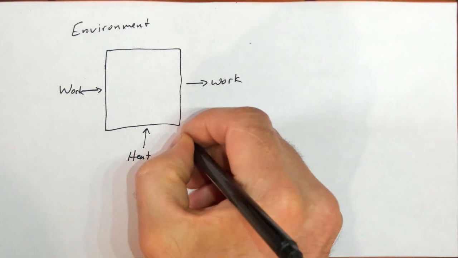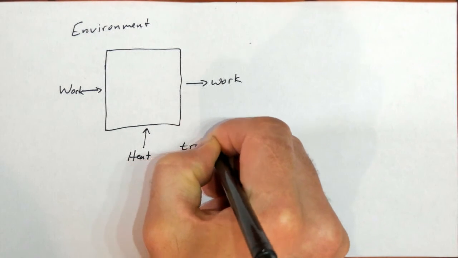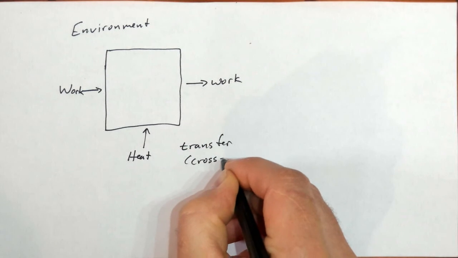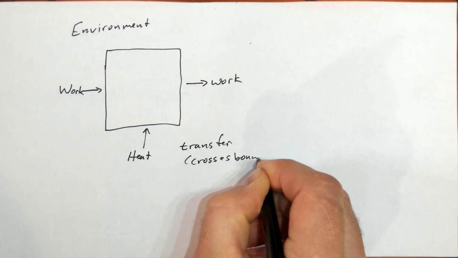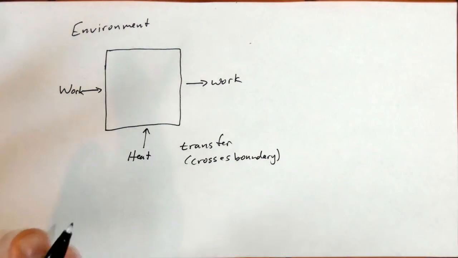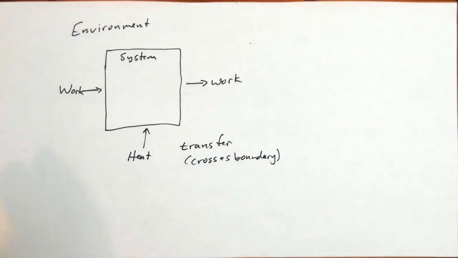So any crossing of the boundary is a transfer. So anytime something crosses the boundary of your system and the environment, it is a transfer of energy.